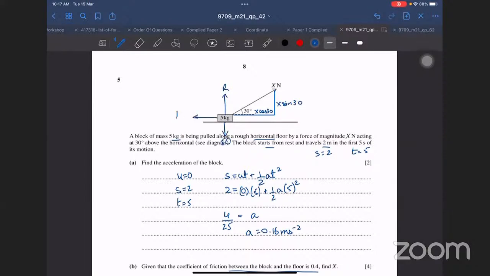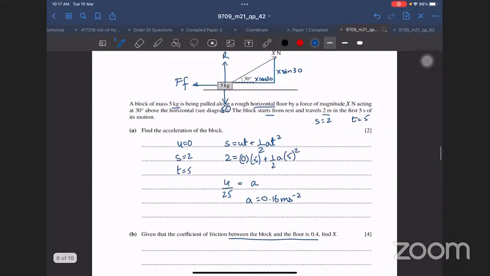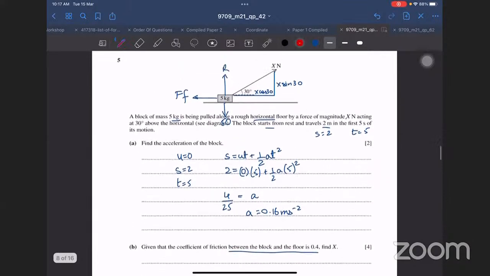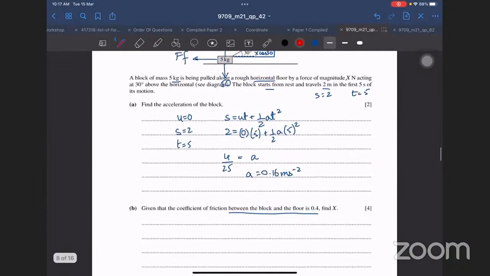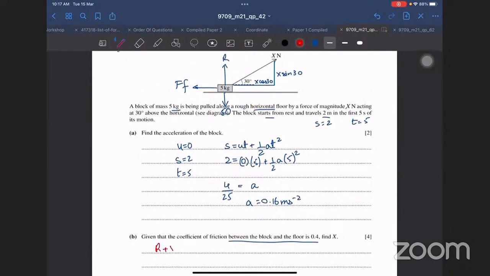There's a friction force pulling it back called F. So there are two unknowns. Vertically it's in equilibrium, it's moving horizontally along a rough horizontal surface. So R plus x sin 30 should equal 50.